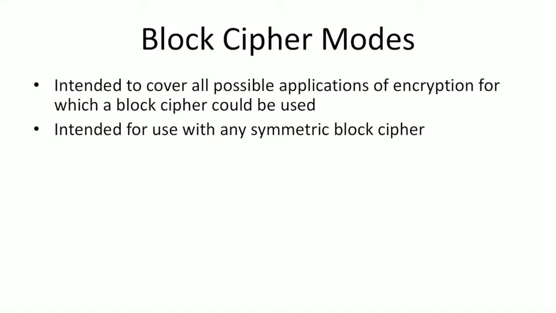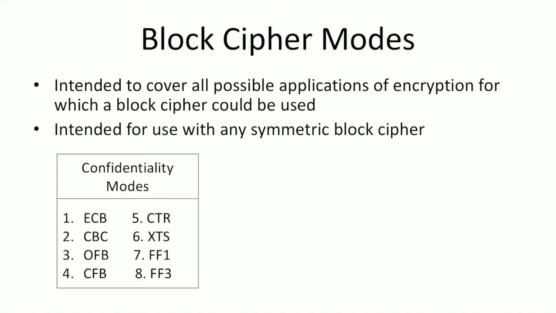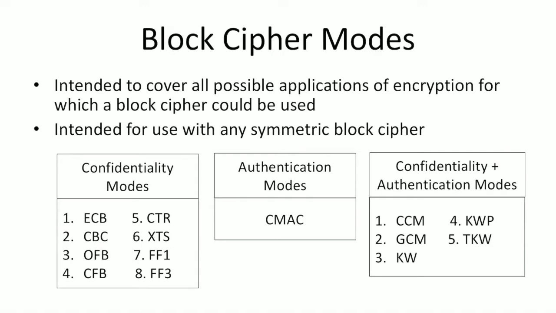So how many modes of operation do we have? Well, initially it was only 5, but today NIST has approved 14 modes of operation in a series of special publications. Now, there are 8 confidentiality modes, namely ECB, CBC, OFB, CFB, counter, XTS, FF1, and FF3.